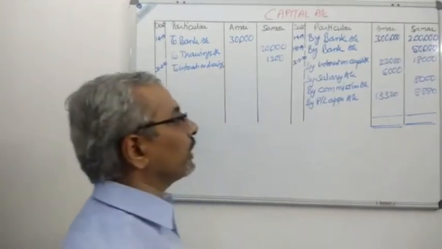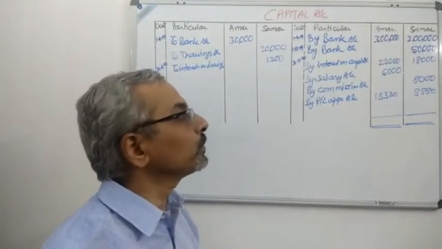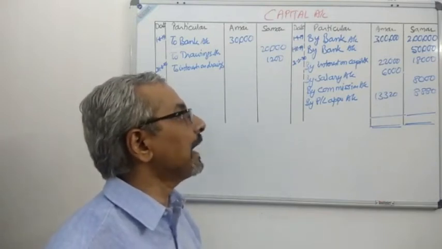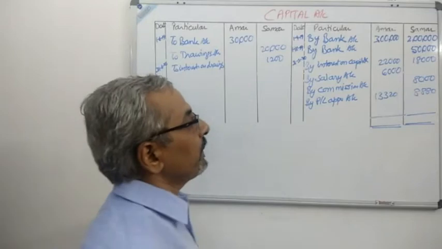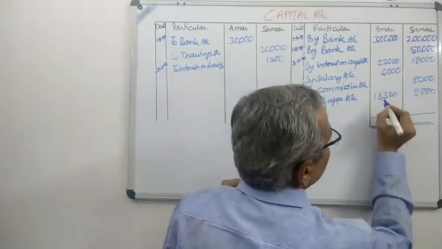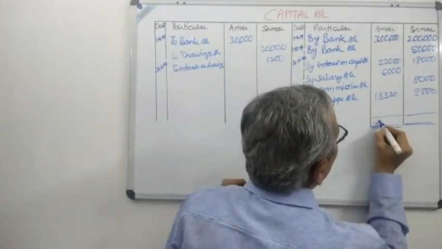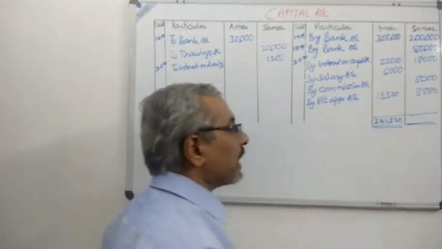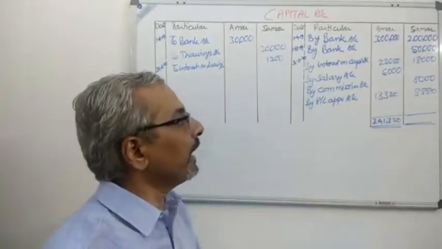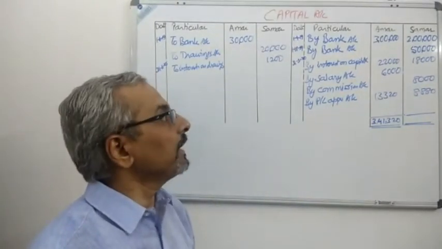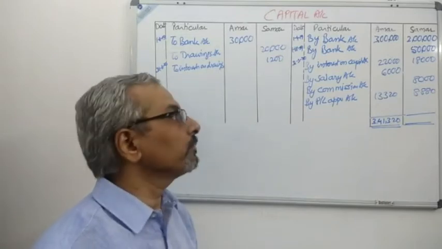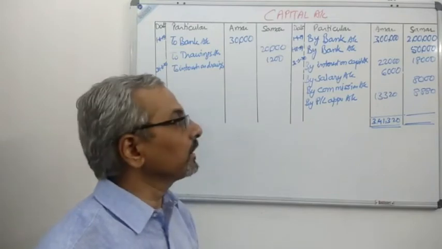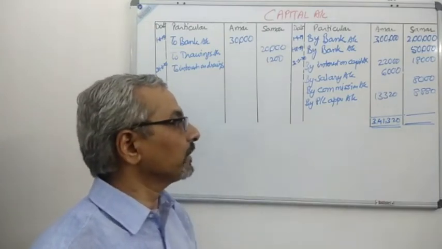So if you see very carefully, we have 3 lakh plus 22,000, that is 3,22,000 plus 6,000, that gives us 3,28,000. So 3,28,000 plus 13,320 gives us a total of 3,41,320.